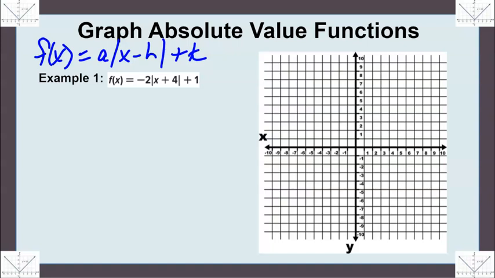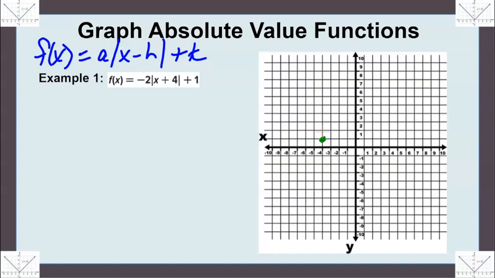So our vertex here, because it says x plus 4, I know that it's going to go to the left 4 because it's really x minus a negative 4. So it's going to go 4 to the left, up 1. So normally it's at 0, 0. So if I go 4 to the left, up 1, the vertex is going to be right here at negative 4, 1.